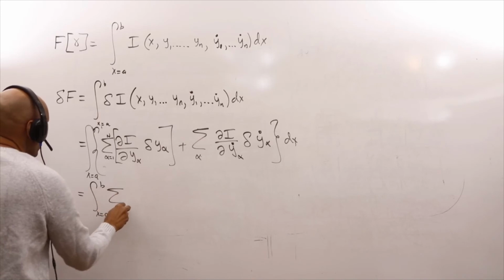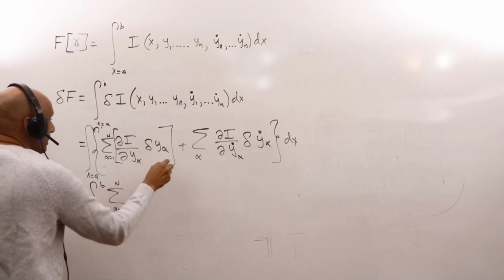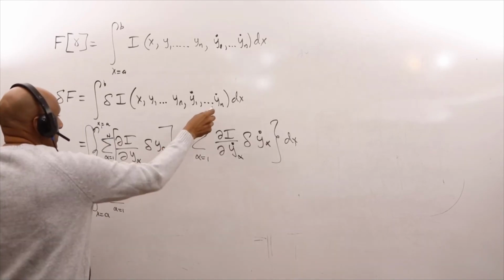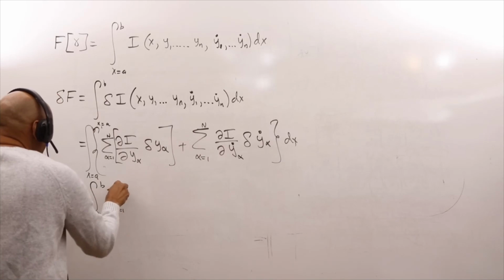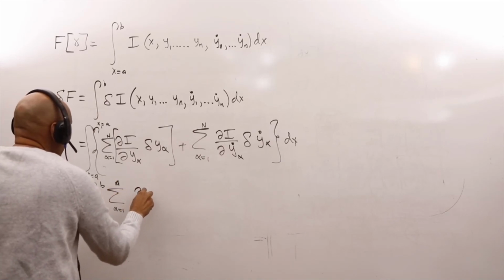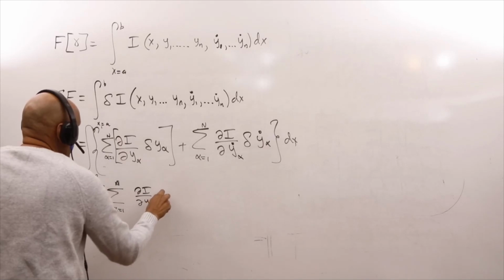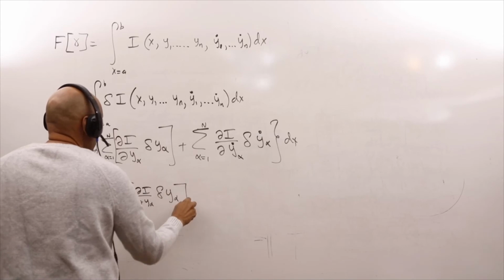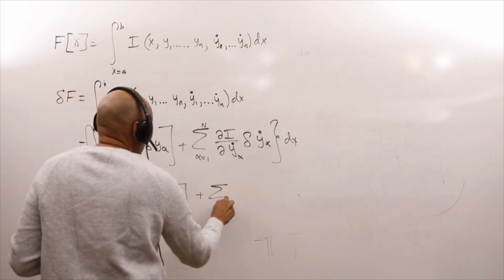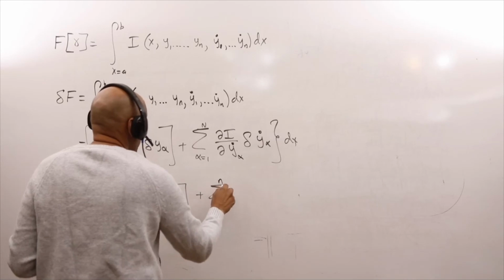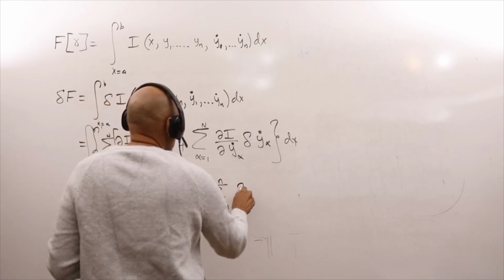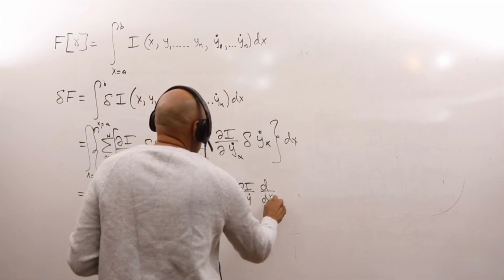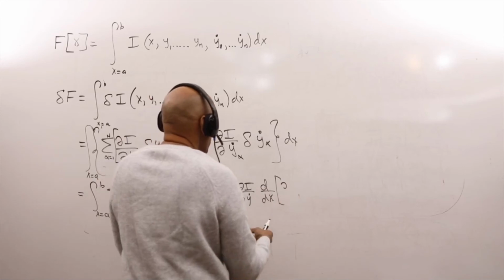Here's our summation, alpha taken from 1 to n, of the partial of f with respect to y alpha, variation of y alpha, plus the summation, alpha equal to 1 to n, of the partial of f with respect to y dot alpha, d dx of the variation of y alpha.